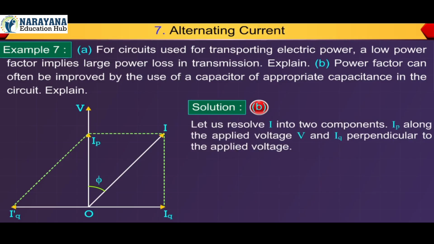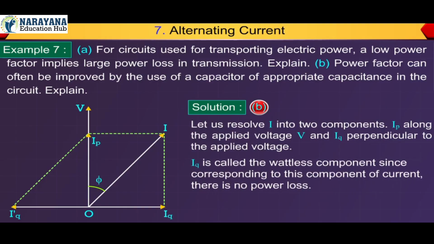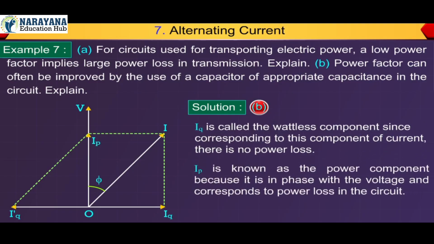Let us resolve I into two components, Ip along the applied voltage V and Iq perpendicular to the applied voltage. Iq is called the wattless component since corresponding to this component of current, there is no power loss. Ip is known as the power component because it is in phase with the voltage and corresponds to power loss in the circuit.